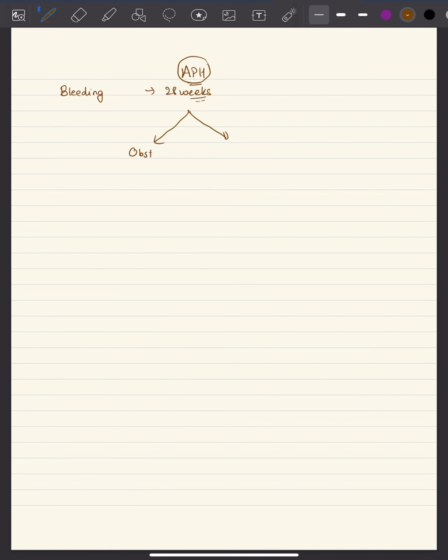So, let's classify them into the obstetric cause and gynecological cause. Talking about the obstetric cause, it could be due to placenta previa, or abruptio placenta, or vasa previa, or circumvallate placenta.